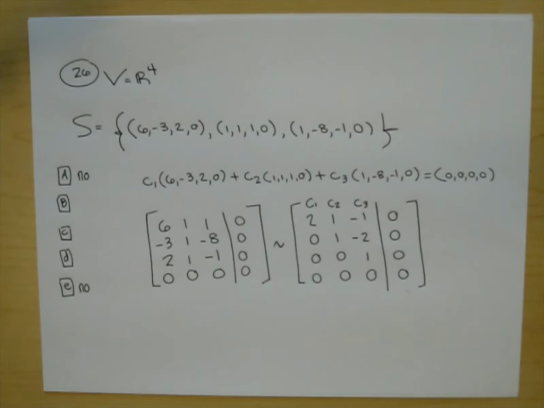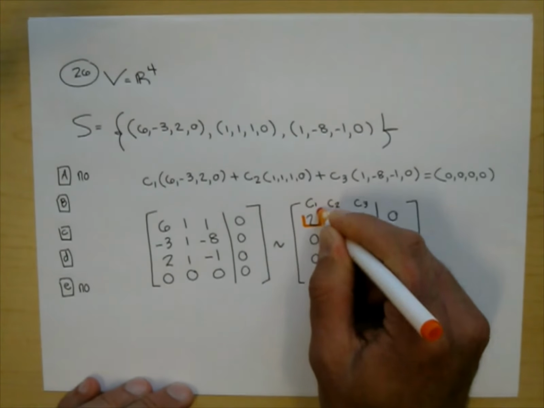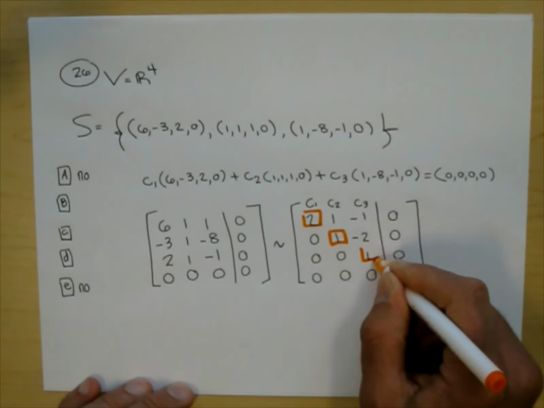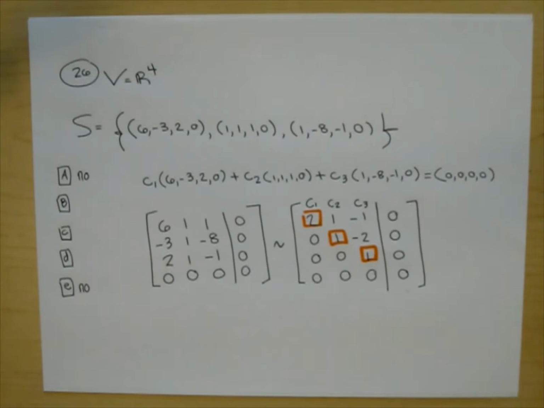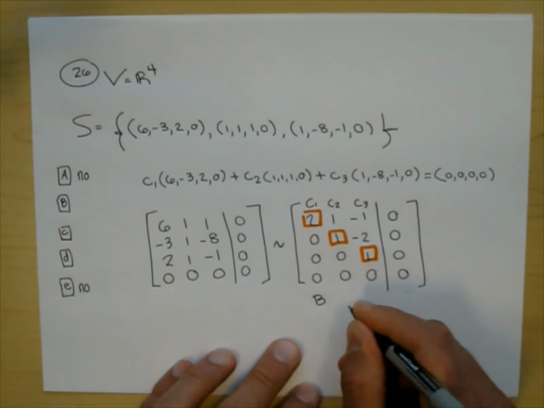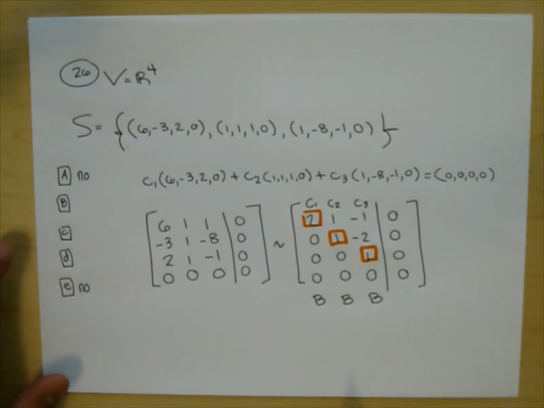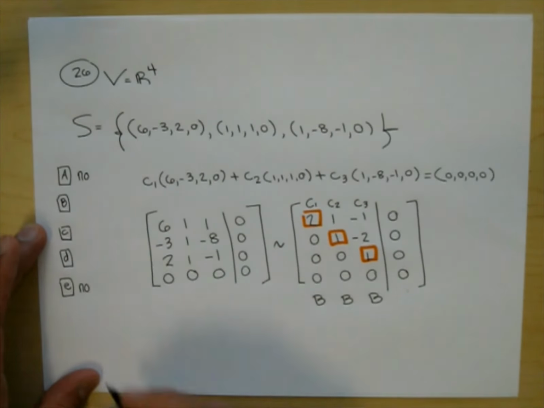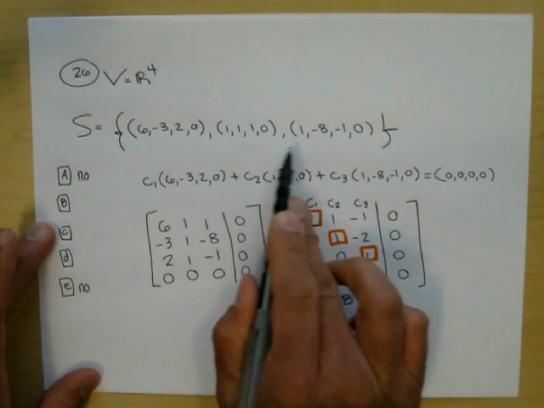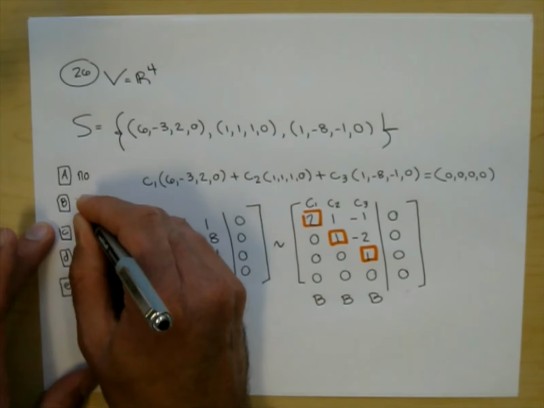Let's look at our pivots here. Here's a pivot, pivot, pivot, which tells me what? Bound, bound, bound. There's no free agent. Therefore, this set of vectors is independent.